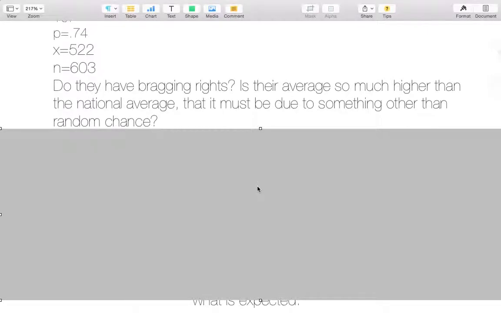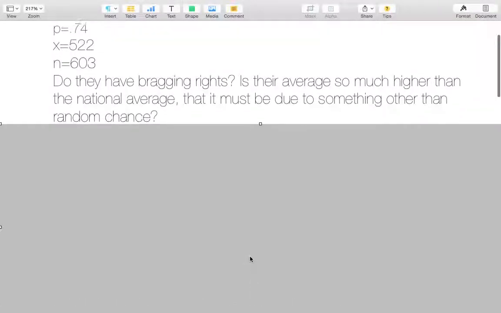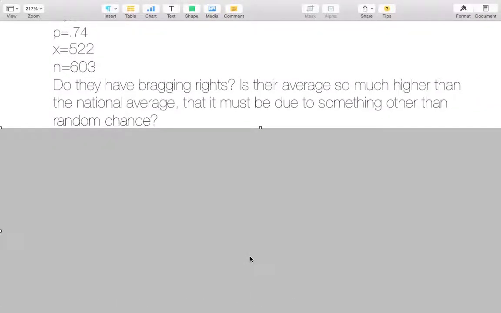More specifically, in a probability or statistical question, it would sound like this: is their average so much higher than the national average, or more specifically, is it that high due to something other than random chance, meaning they actually have a school that is much better on average than the national school? So they're different. They're not just getting lucky one year and getting a really high average. Is this average due to something that's statistically significant?